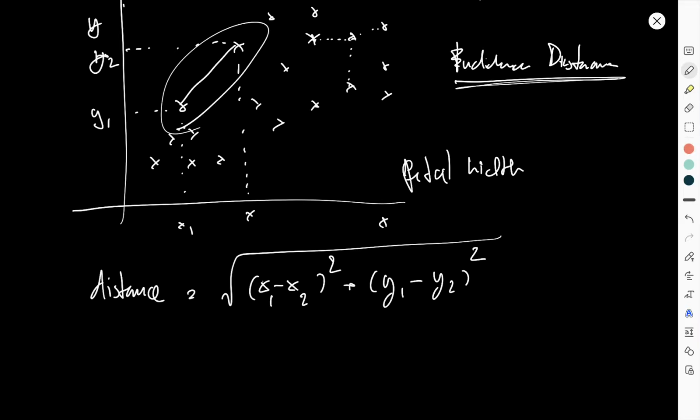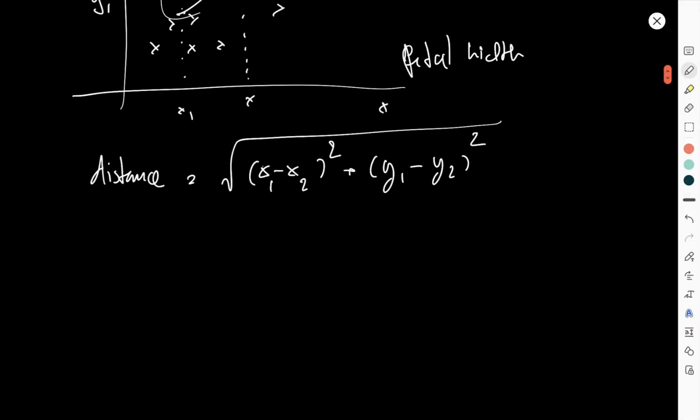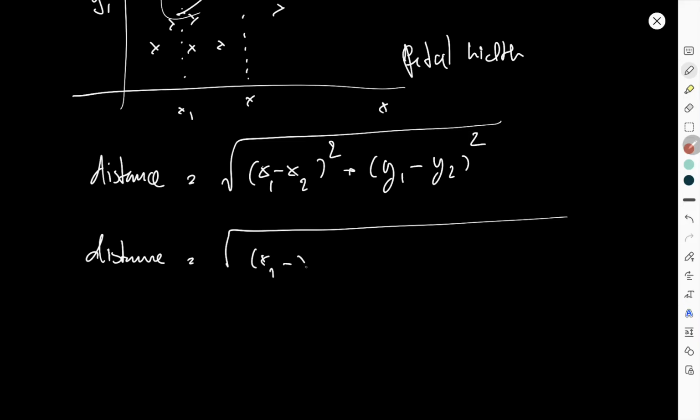So how about in other or higher dimensions, for example in 3D or 4D, or with a vector that has n dimensions? What you can do is use this.